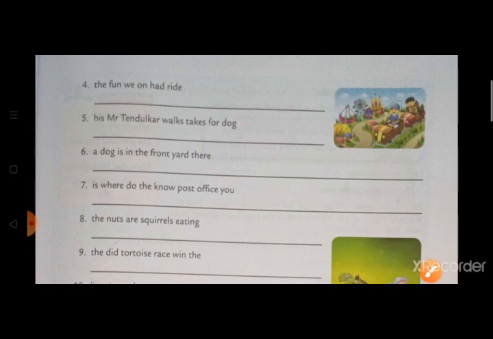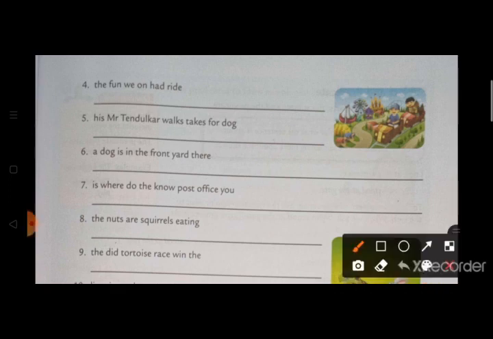Next one. His Mr. Tendulkar takes for dog. So here students, what are we going to write first?